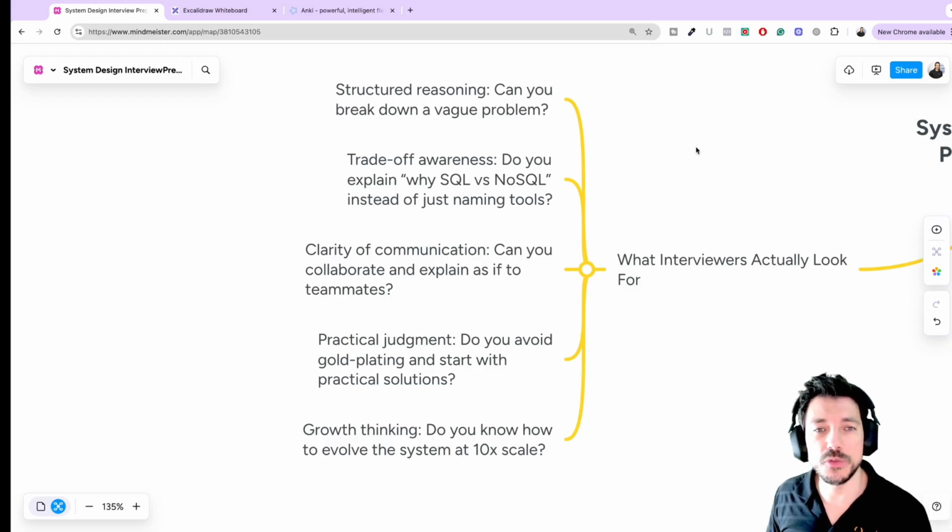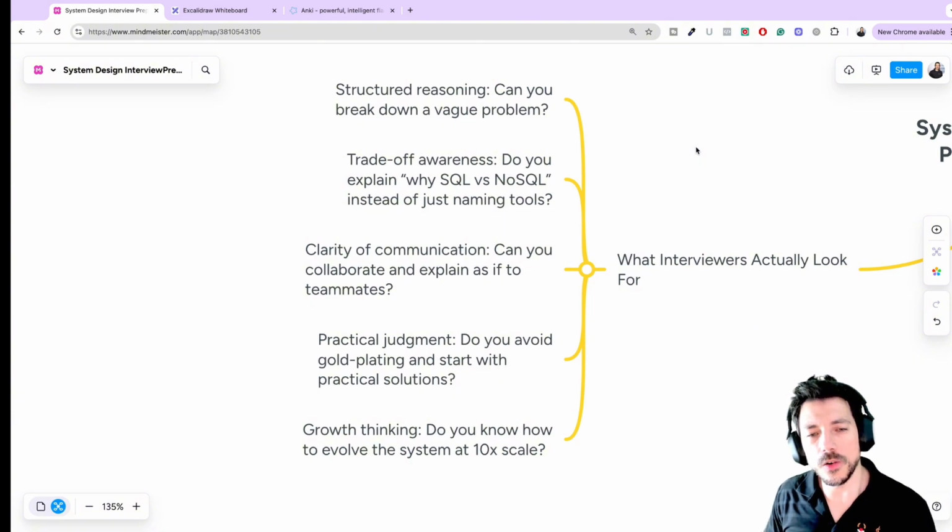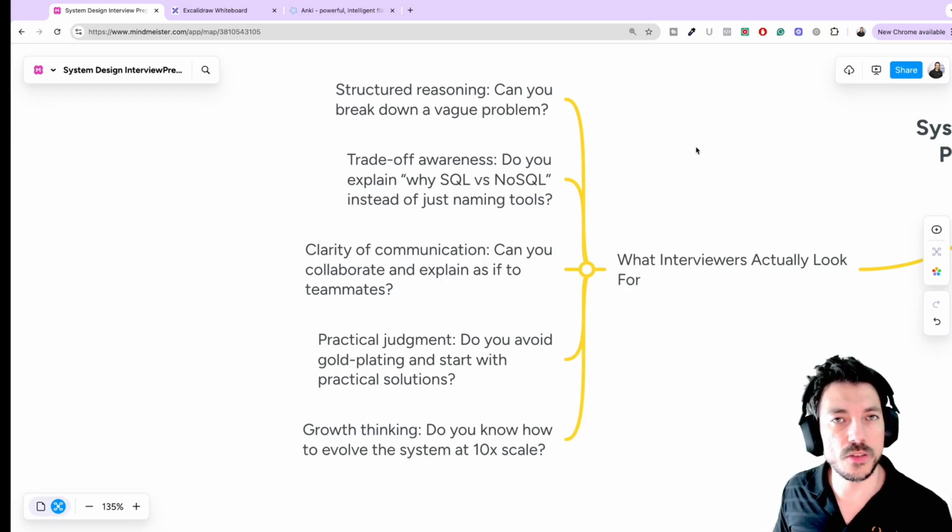So you have to be able to explain why you would choose SQL versus NoSQL, right? And you also have to have clarity in your communication. This is a very important skill to collaborate with your teammates as well. And have practical judgment. Do you avoid complicated tools, or do you start over-engineering, or do you start with the practical technology that will work?